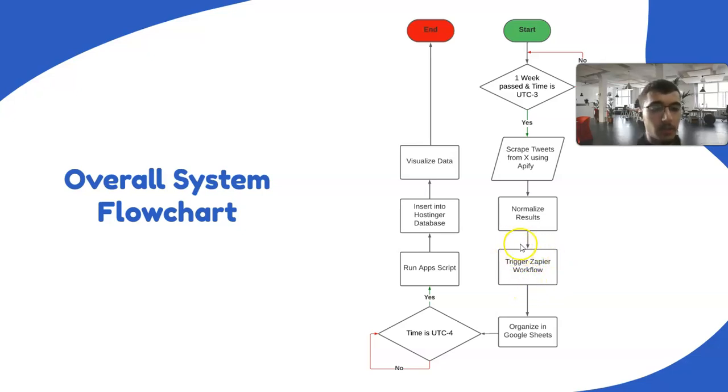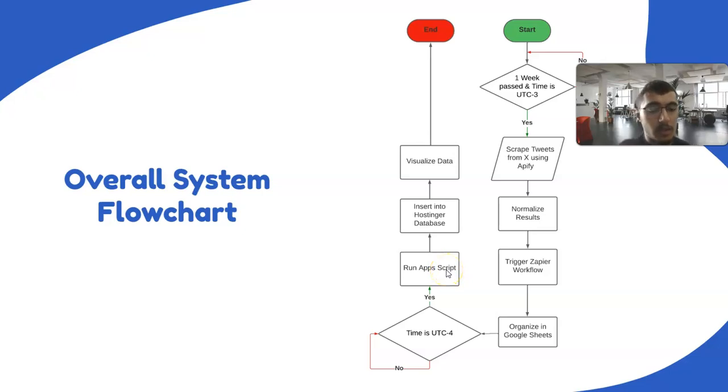Zapier then places the information on a Google Sheet into separate rows and organizes it. And then 1 hour later, there's the web scraping platform on Google Sheets called A.E.S.B. Once an hour has passed after this has been scraped, we run the A.E.S.B. platform.